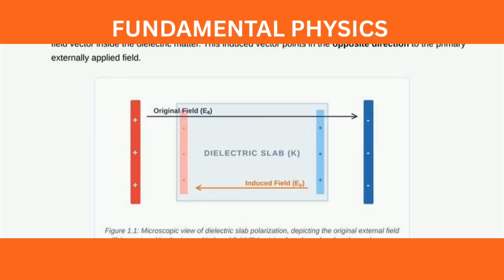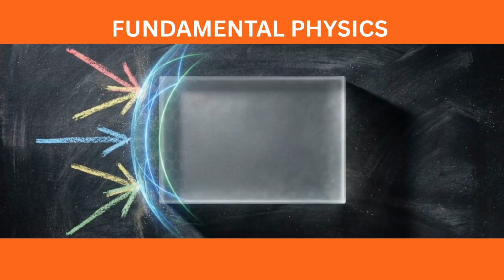As a consequence, boundary layers of charge are induced on the dielectric faces. A negative layer opposes the positive plate, while a positive layer aligns near the negative. These layers generate a secondary internal field, EP, pointing exactly opposite to the primary applied field. This systematic polarization effectively acts as a self-generated shield, opposing the external environment from within.